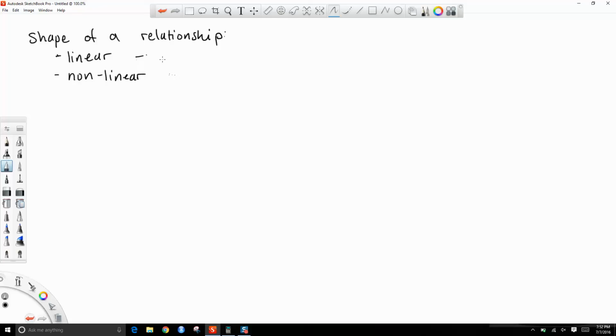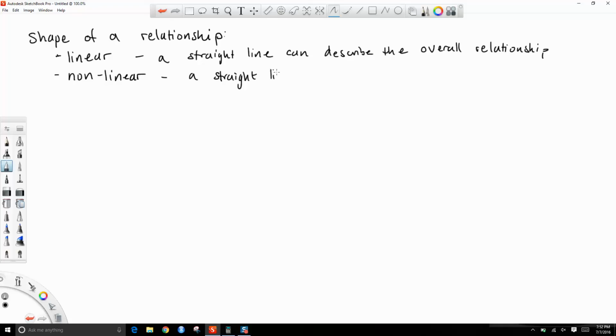Linear means a straight line can describe the overall relationship. And nonlinear means a straight line is not sufficient.